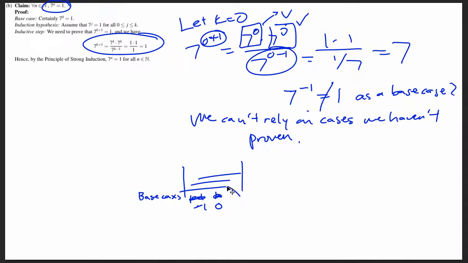And so this is 1 minus 1 and 1 minus 0, which is 0 and 1. And you can see how they build up. But since this negative 1 case isn't proven, then we can't build up using the base cases, and so this induction doesn't work. Let's move on.